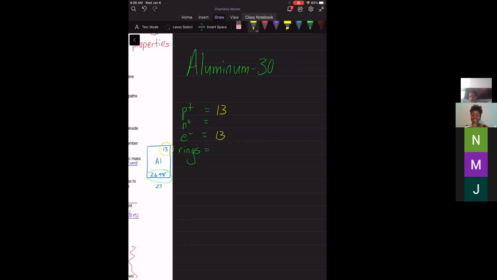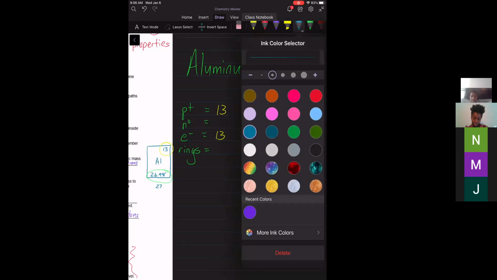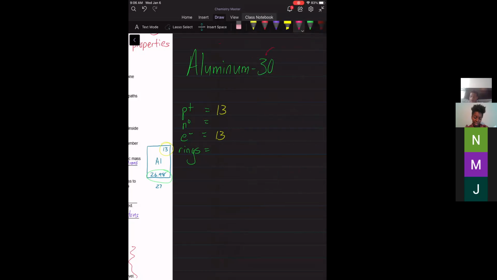Now, I gave you a mass number on this, okay? Let me find something a little bit brighter. This pink is bright, all right. So remember, this number right here is a mass number, and this mass number tells you protons plus neutrons, okay?